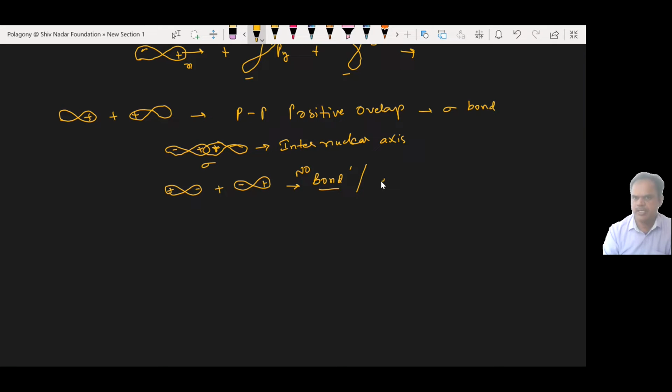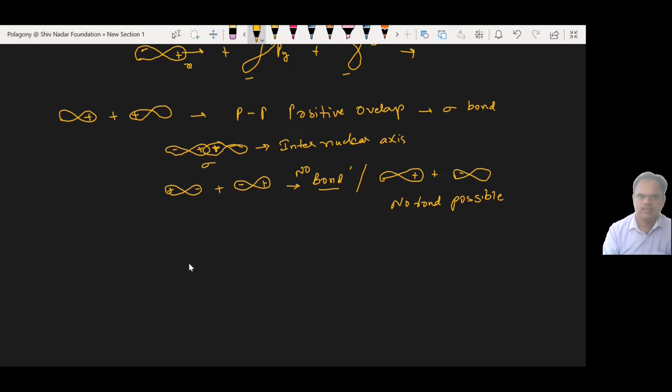Another case: if one px orbital is positive and the other is negative, also no bond is possible. This is what we call negative orbital overlap.